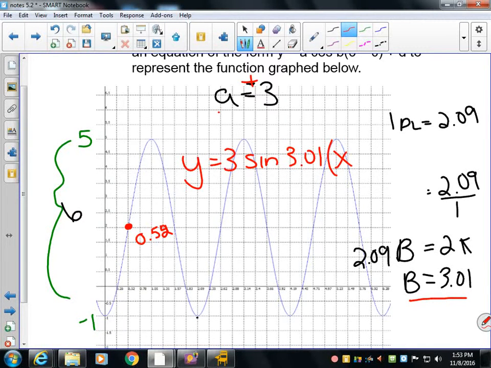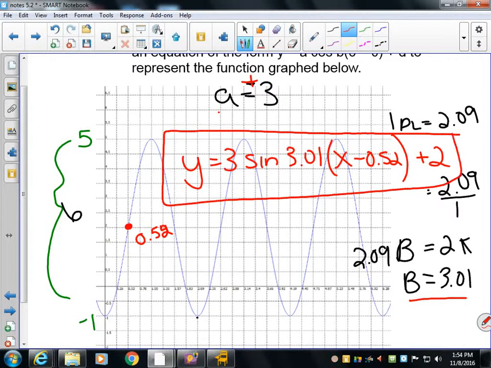Now we shifted it forward, so we need to say minus 0.52 bracket. Where does sine normally start? 0. Have we shifted it vertically then? Shifted it +2 up? I agree. And so that's our sine equation for that thing.